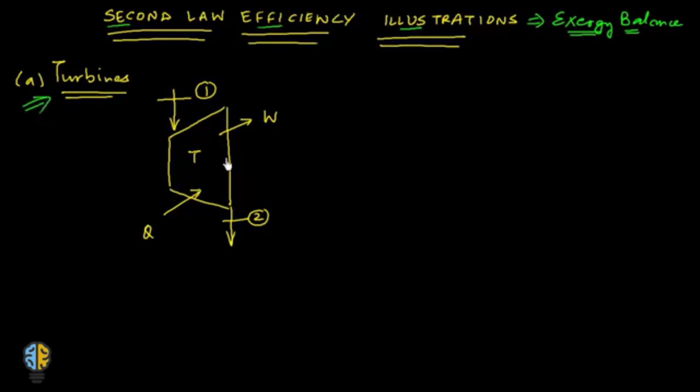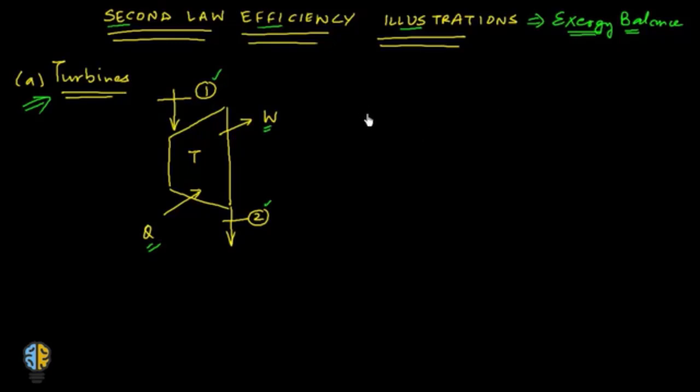So this is a turbine in which you have some heat inflow and some work outflow in the form of some shaft work. There are two sections, section 1 at the entry and section 2 at the exit. Now you can easily apply the steady flow exergy balance onto this.